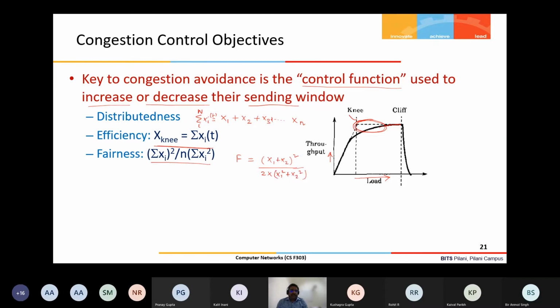So if x1 equals x2 equals x, meaning both are sharing equally, then what will be my fairness index? F equals 2x whole square divided by 4 into 2x square.